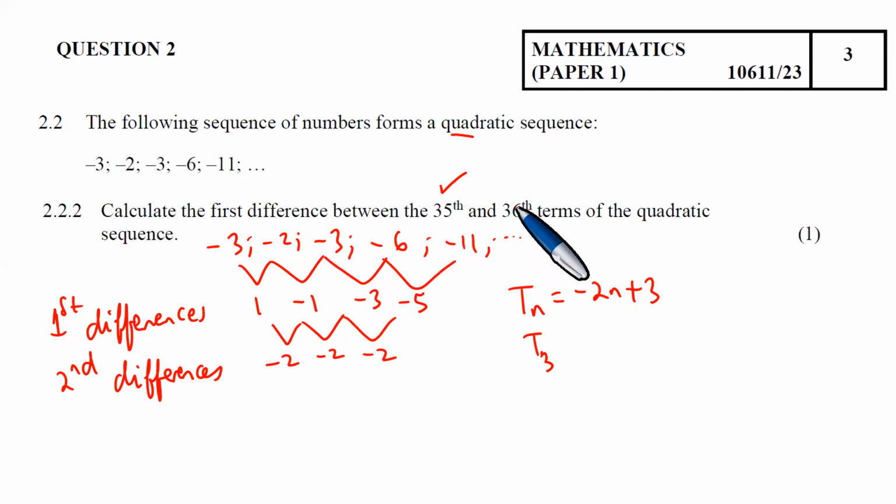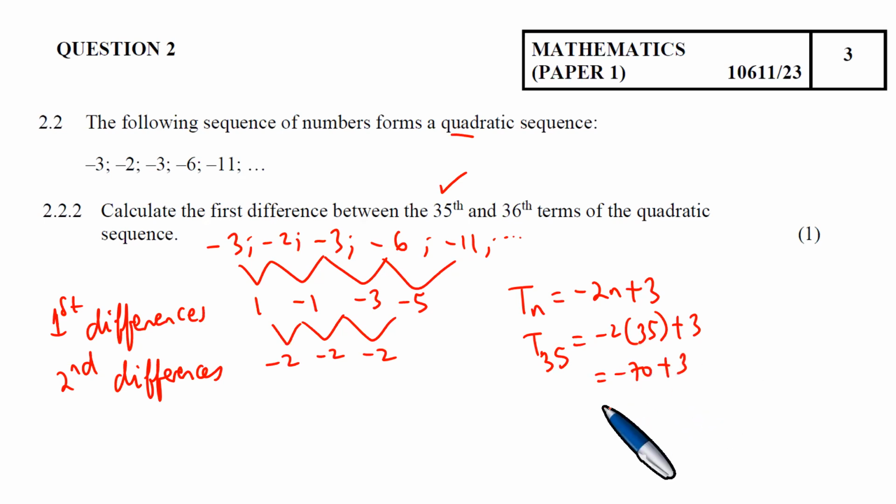Between the 35th and 36th is the 35th. Therefore, it is minus 2 times 35 plus 3. That is minus 70 plus 3, which is minus 67. So T35 is minus 67. Okay, we get the answer to this. Next question.